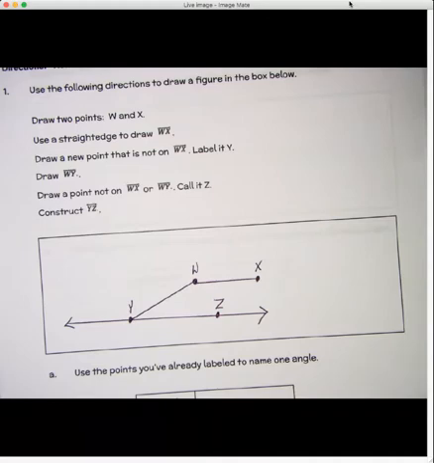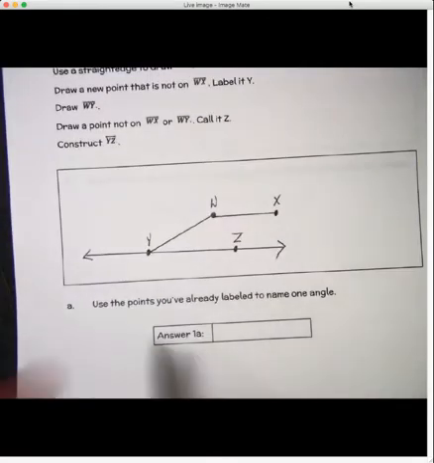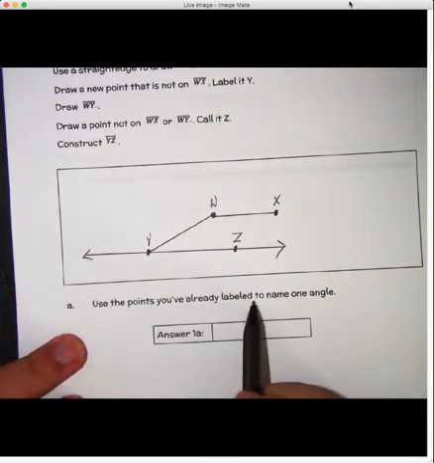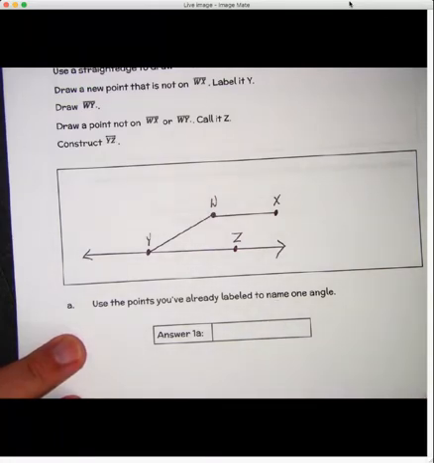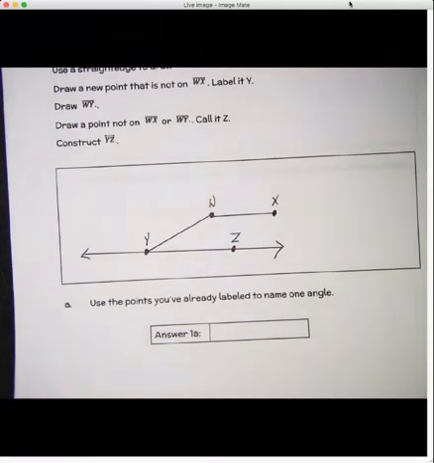Okay, and then part A here says, use the points you've already labeled to name one angle. Well, the main thing you need to remember is whatever angle you choose, you're going to put 3 letters, and the letter in the middle is the corner or the vertex of your angle.